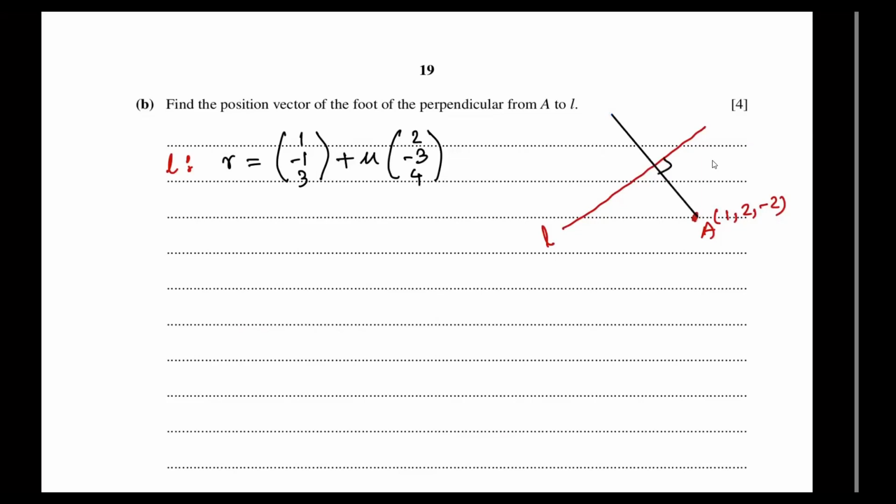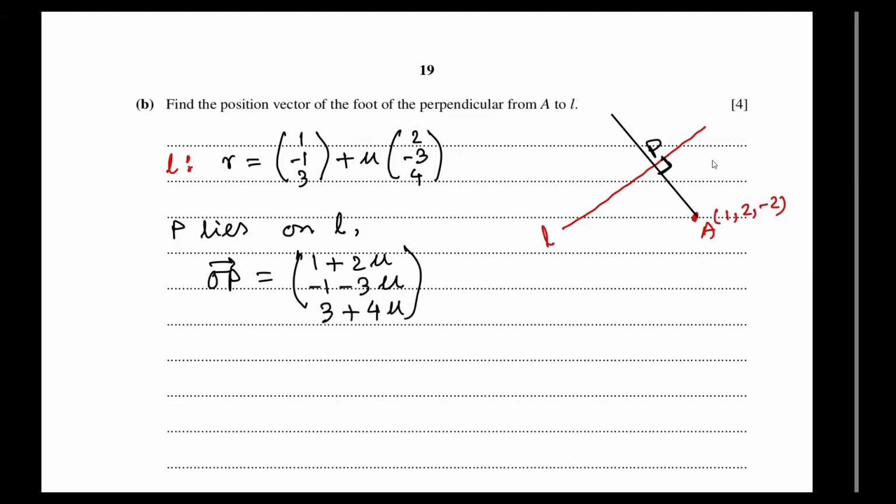So that is the foot of perpendicular. Let's name it P. We have to find the coordinates of P on this perpendicular. Now P is a point on the line, P lies on L, and we'll find the position of P. So the position of P is the parametric form of the line L. Now we'll find the value of mu corresponding to the point P, since P lies on this line.